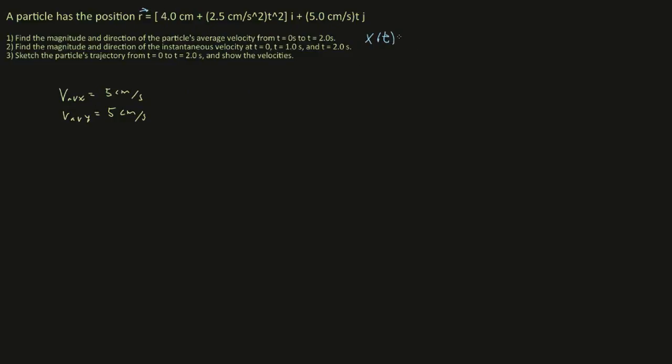I like to write it as x of t, the function of x in terms of t, is 4 centimeters plus 2.5 centimeters per second squared times t squared, and then I don't think I have enough space, so why don't I move it here?